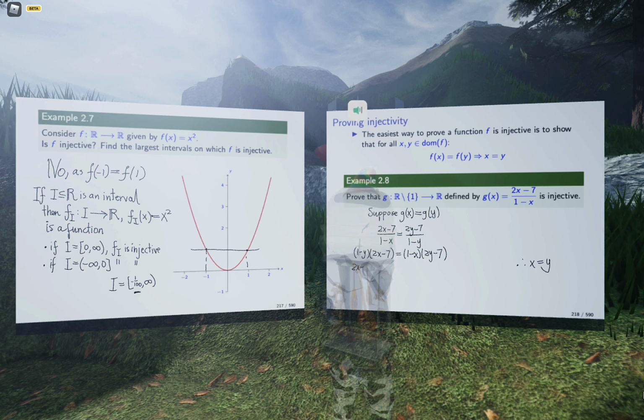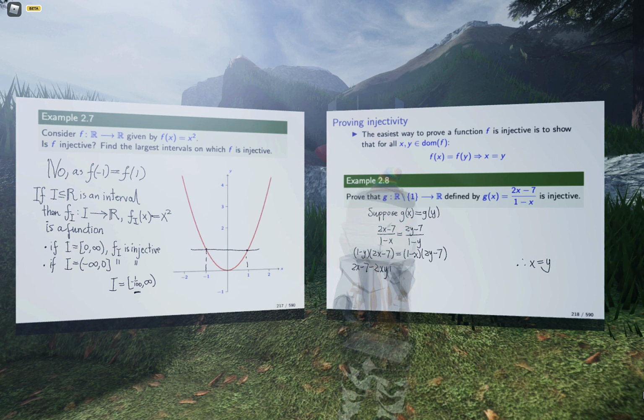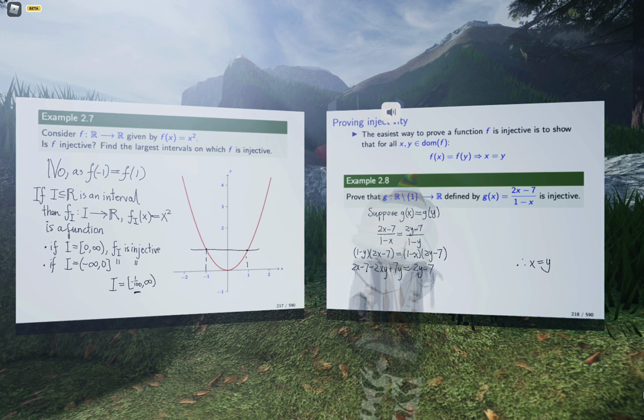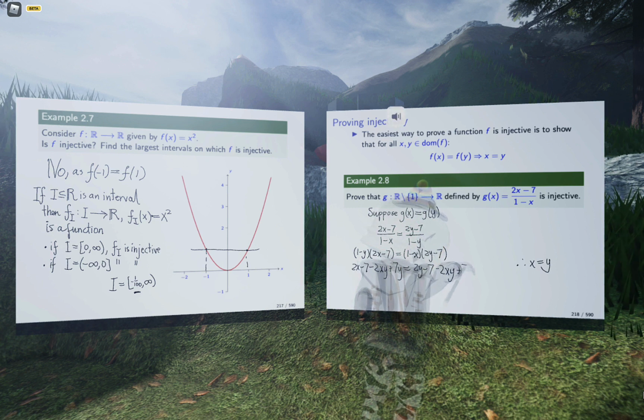So we get 2x minus 7 minus 2xy plus 7y is equal to 2y minus 7 minus 2xy plus 7x.